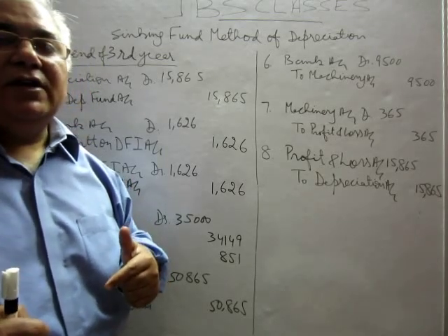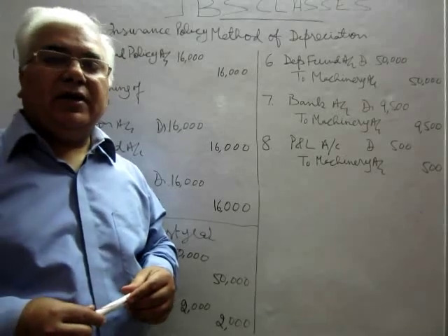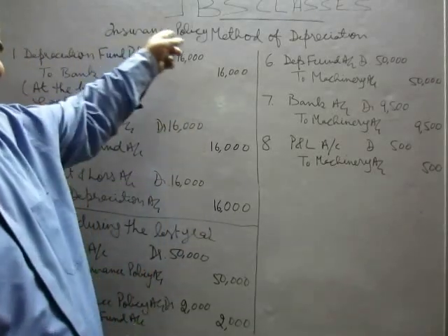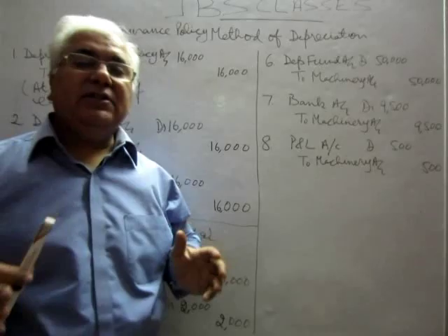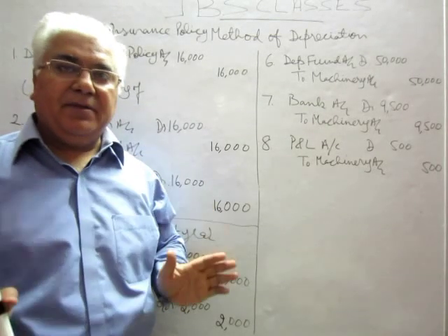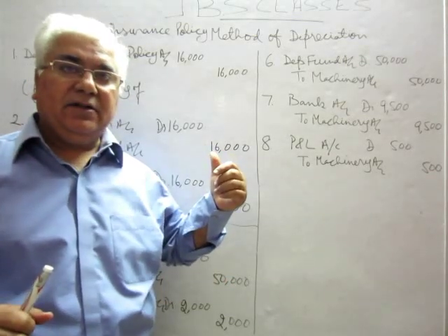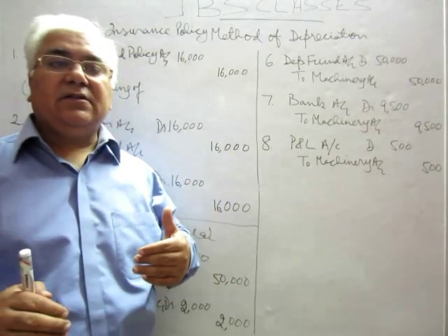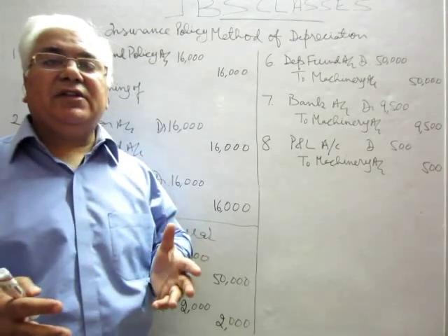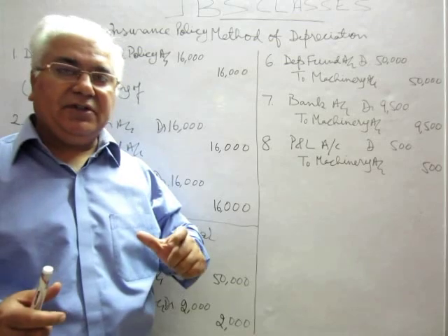Now we will move on to the insurance policy method. Now I will explain to you the insurance policy method of charging depreciation. This is also a kind of sinking fund method, but the only difference with the previous method is that in this we don't try to invest the amount charged as depreciation in the market.